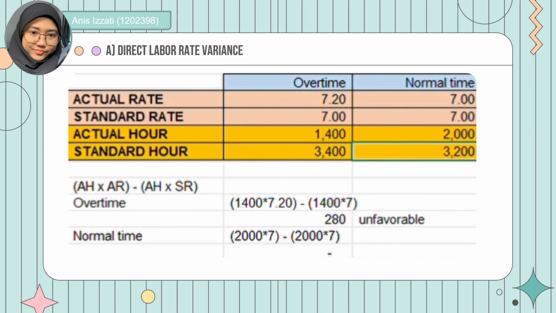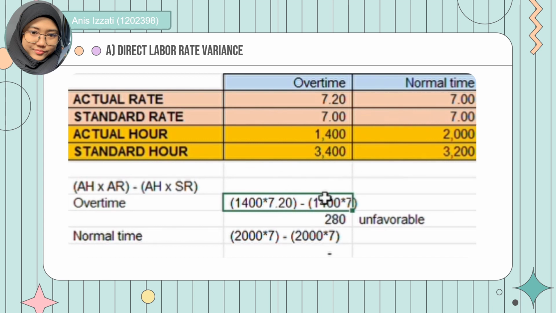To calculate direct labor rate variance, we use the formula of actual hour times the actual rate, and then the second one is the actual hour times the standard rate. We calculate for overtime and also for the normal time. Overtime, so 1,400 the actual hour times the actual rate, which is 7 ringgit and 20 cent. Another one is 1,400 times 7.